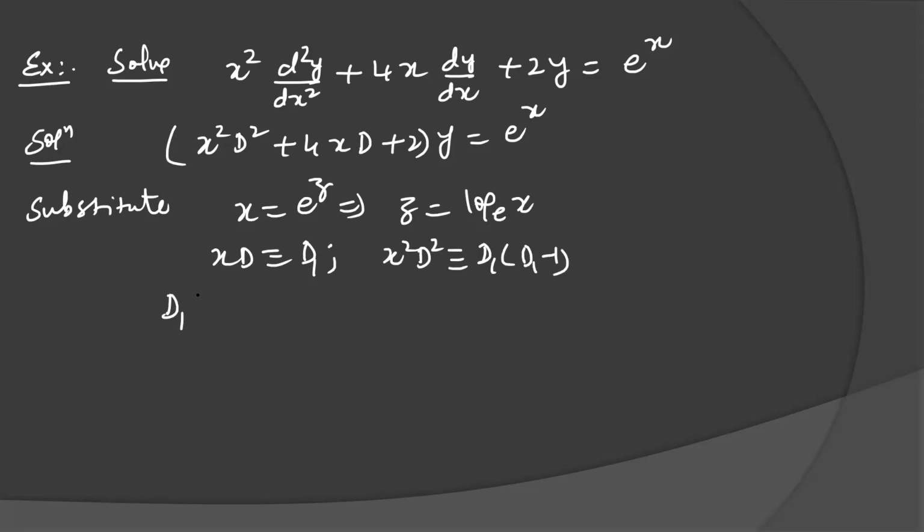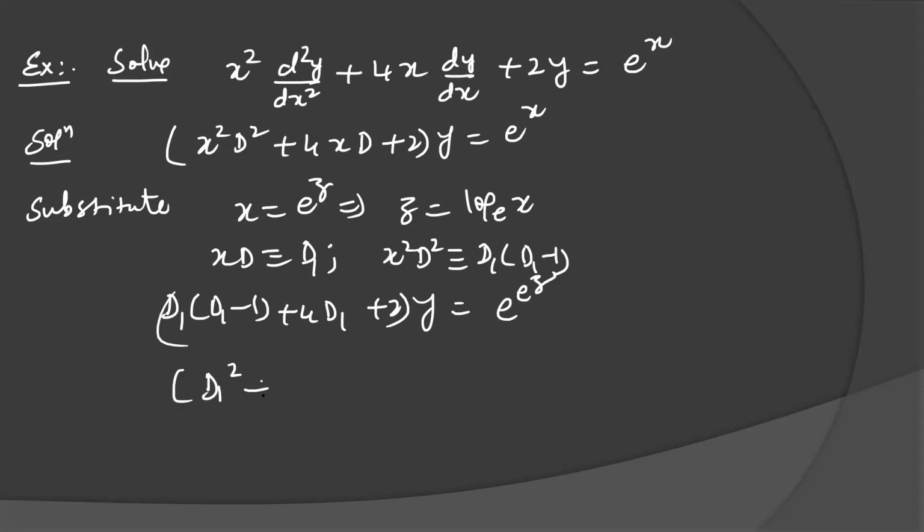So it will become now (D1(D1 minus 1) plus 4D1 plus 2) y equal to e to the power z, because x equal to e to the power z. So it's (D1 square plus 3D1 plus 2) y equal to e to the power z.